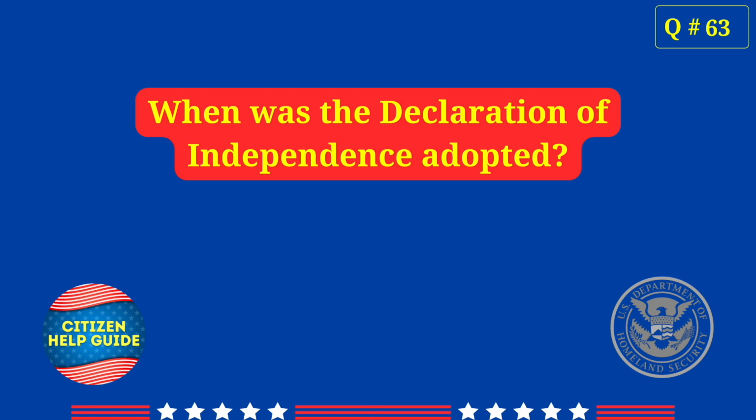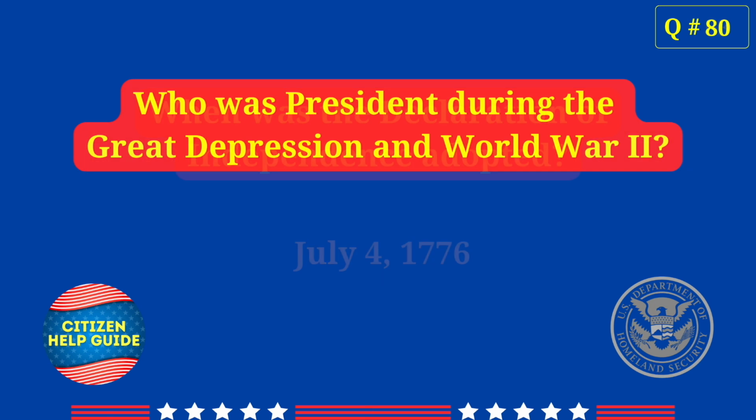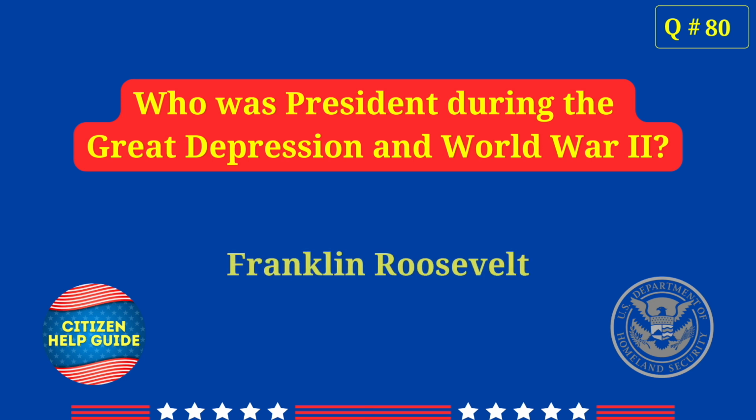When was the Declaration of Independence adopted? July 4, 1776. Who was president during the Great Depression and World War II?